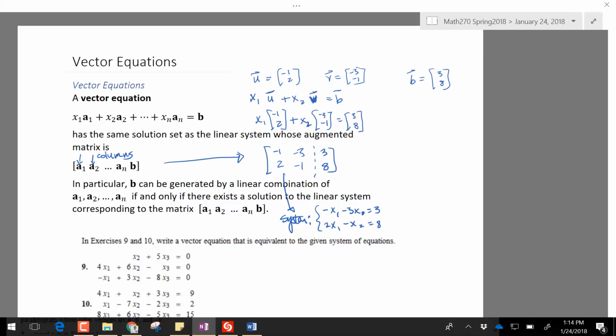We kind of went back and forth with that idea before, but now we're introducing the idea of a vector equation on top of that to say, hey, these are all the same thing. And yes, these are all the same thing. So your solution to your system can be solved with any of these.